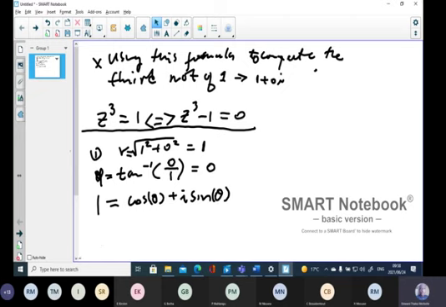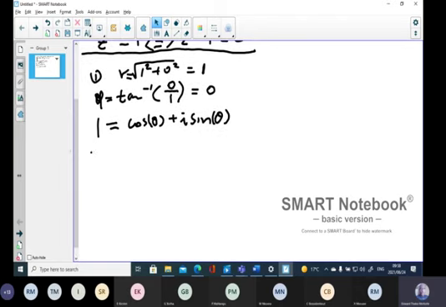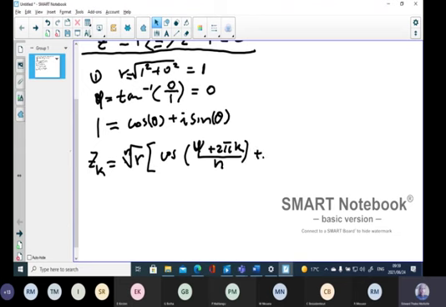Okay, now according to our formula, the nth root formula, we have z_k is equal to, I'll just write the formula first, the nth root of R multiplied by cos of (phi plus 2 pi k) all over n, plus i sin of (phi plus 2 pi k) over n.